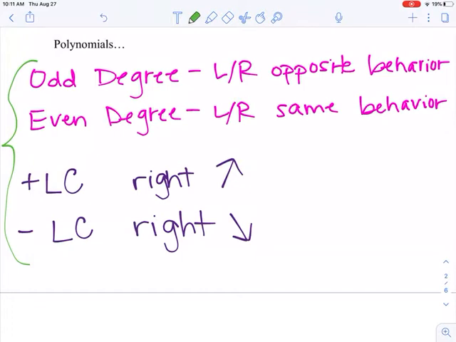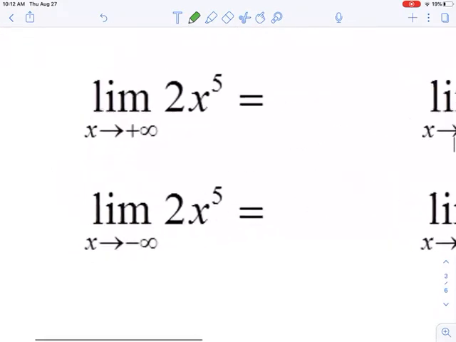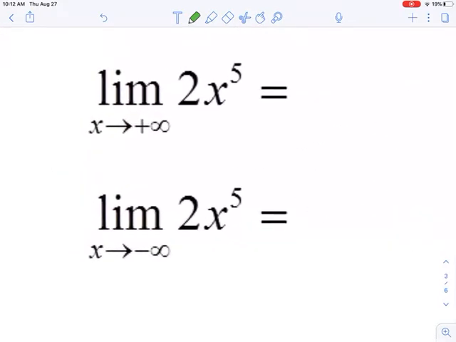So between these two pieces of information, the leading coefficient test can tell us what's happening towards the right and towards the left of our graph. Okay? So if I ask you for an infinite limit of a polynomial, these are the things that we need to think about. Okay, so I have some pretty basic examples here.